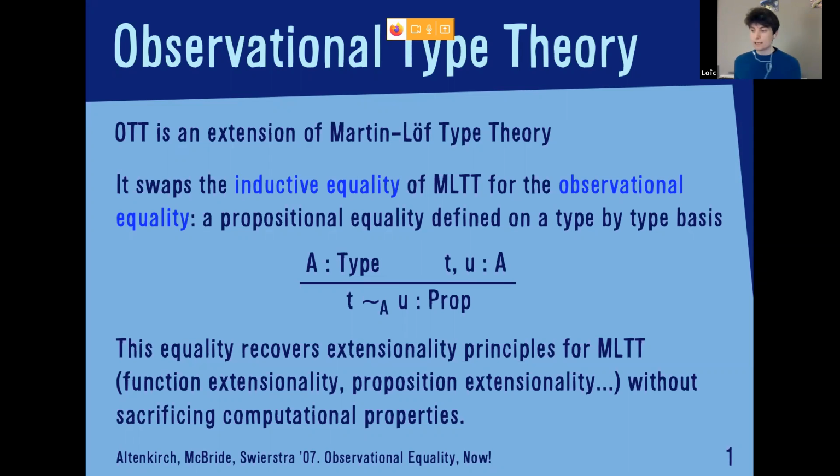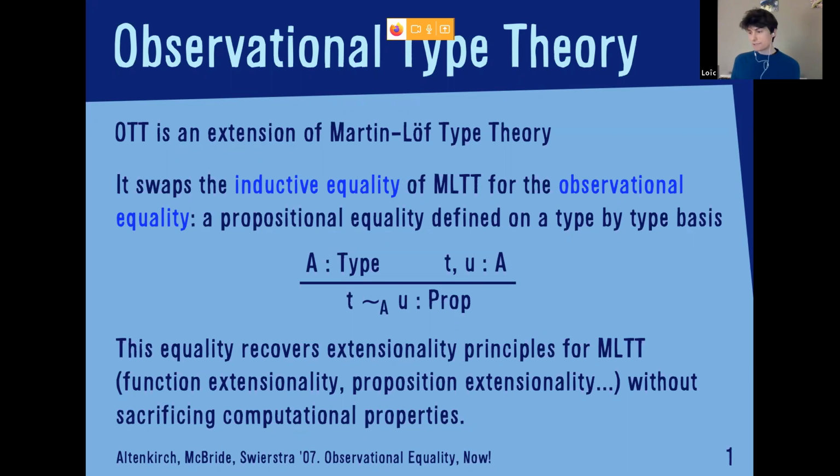As I'm sure most of you already know, the inductive equality of intensional type theory is very underspecified in the absence of the univalence axiom. So the idea behind observational type theory is to swap this underdefined intensional equality with the so-called observational equality, which is a propositional relation that is defined on a type-by-type basis.